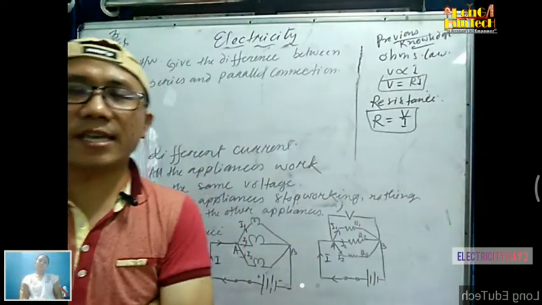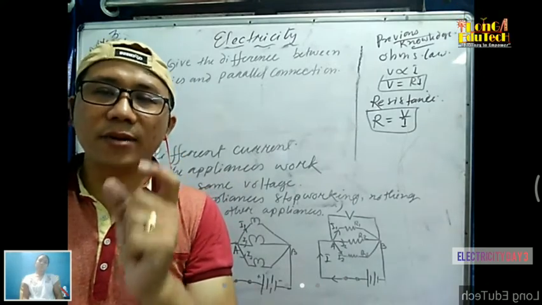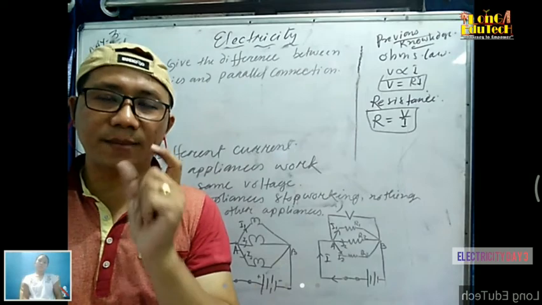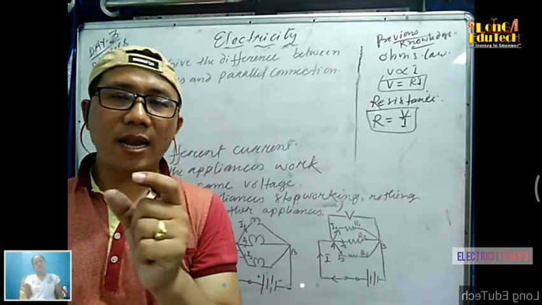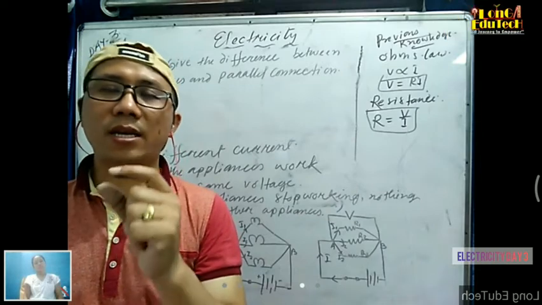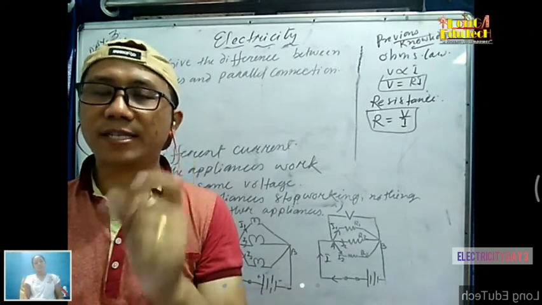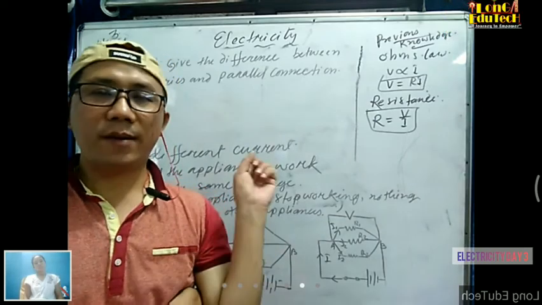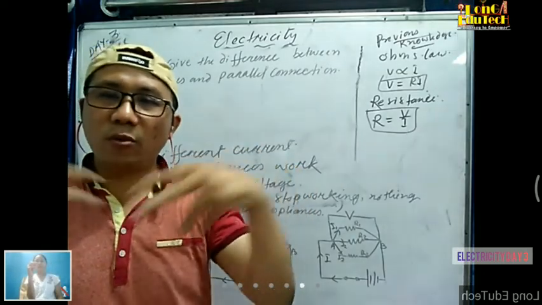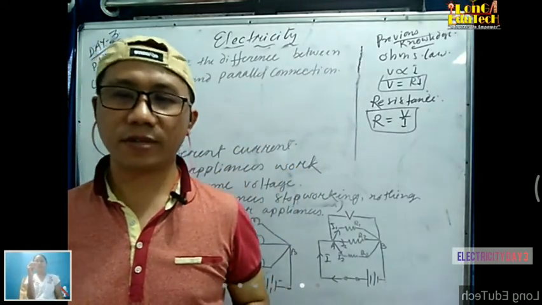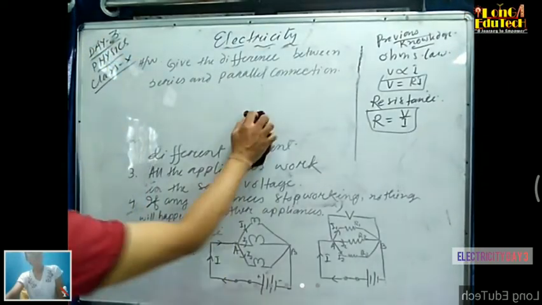We already derived the factors on which the resistance of a conductor depends, and we have to derive one equation called the resistivity. I will give that after equivalent resistance, otherwise all of them will mix up and you will get confused.